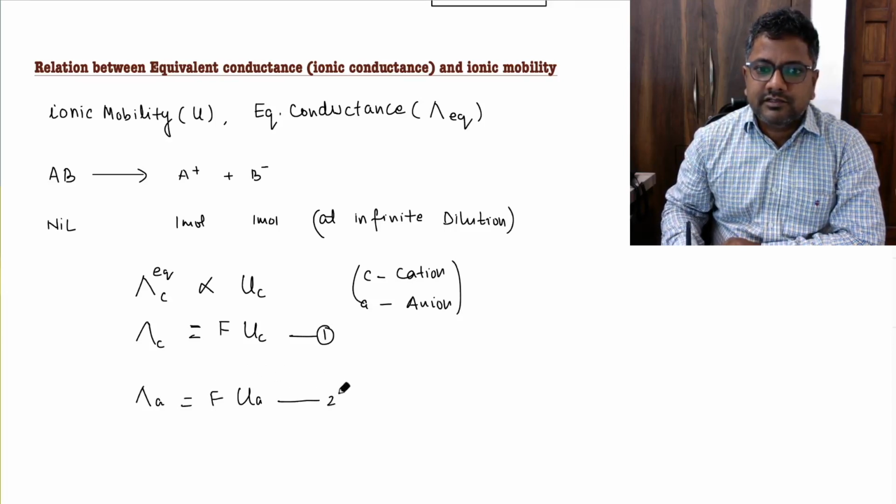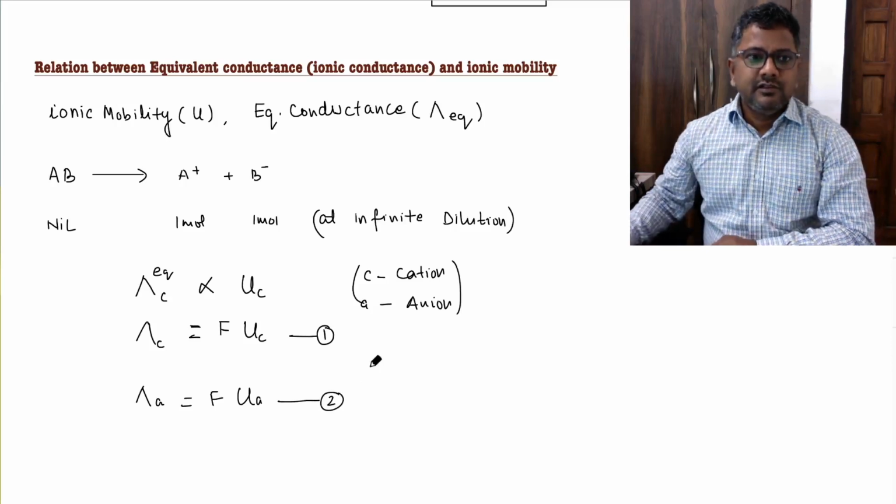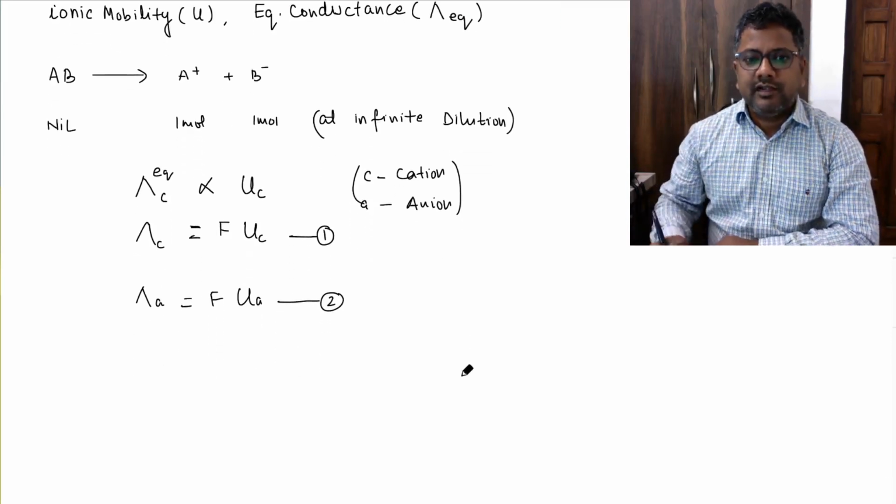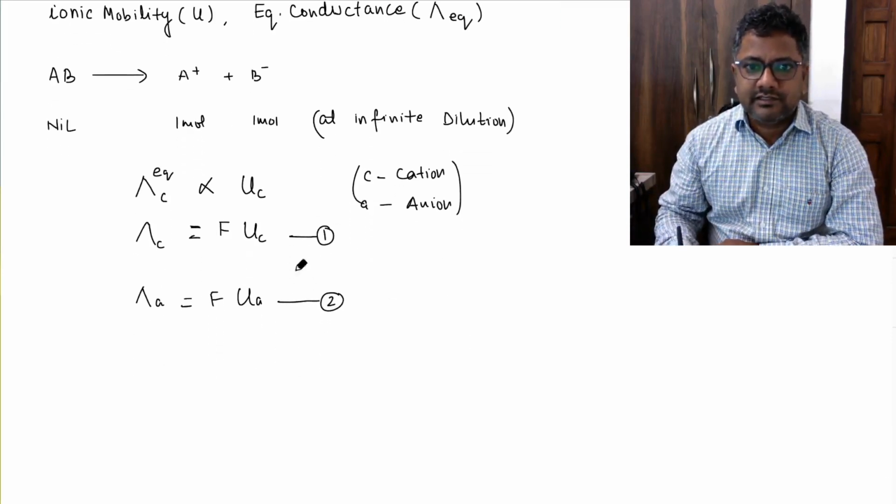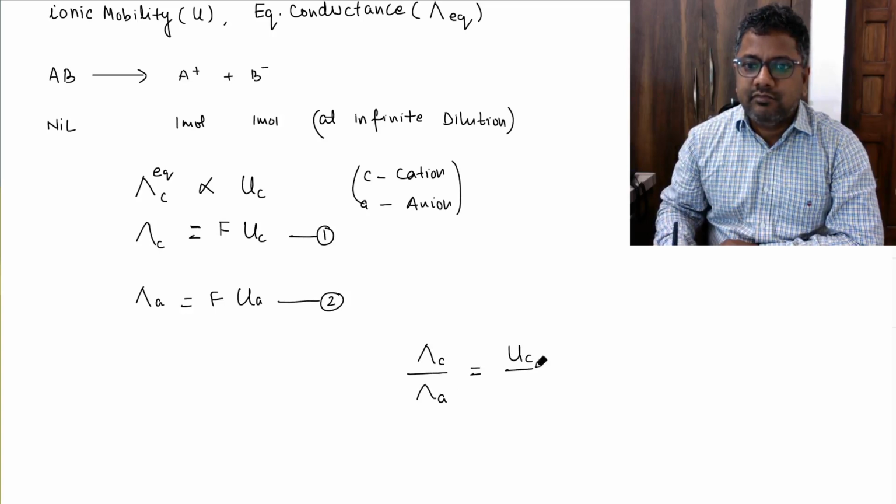This is equation 2, right? So at any moment of time, if you divide these two equations, you will get lambda C by lambda A is equal to UC by UA.